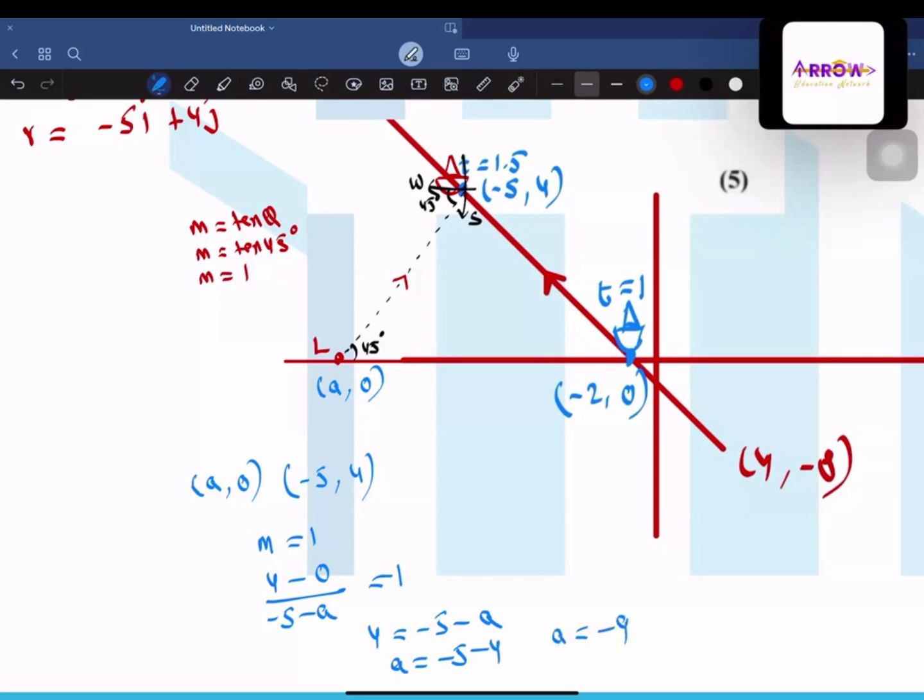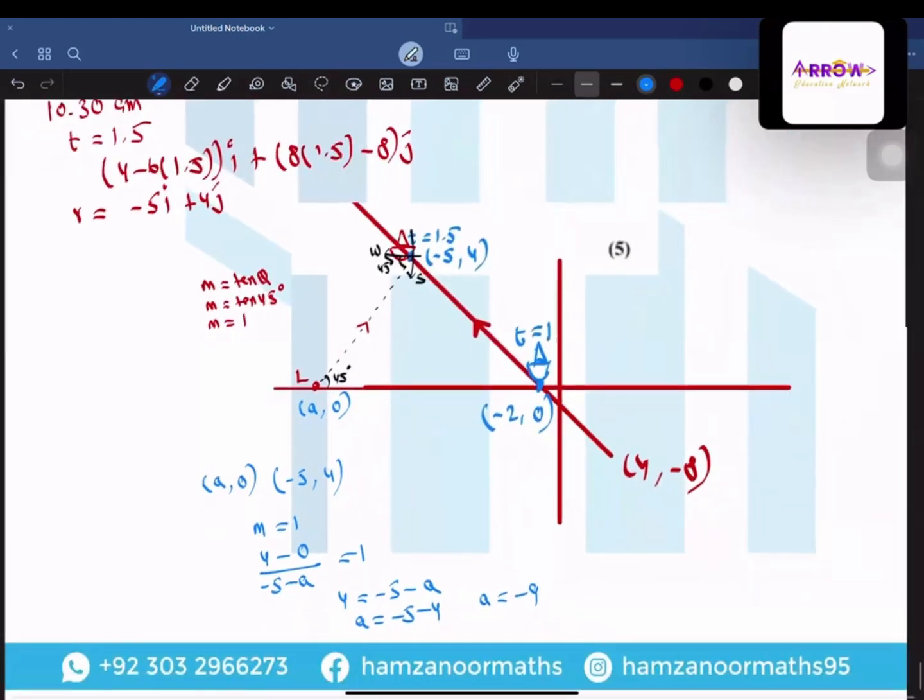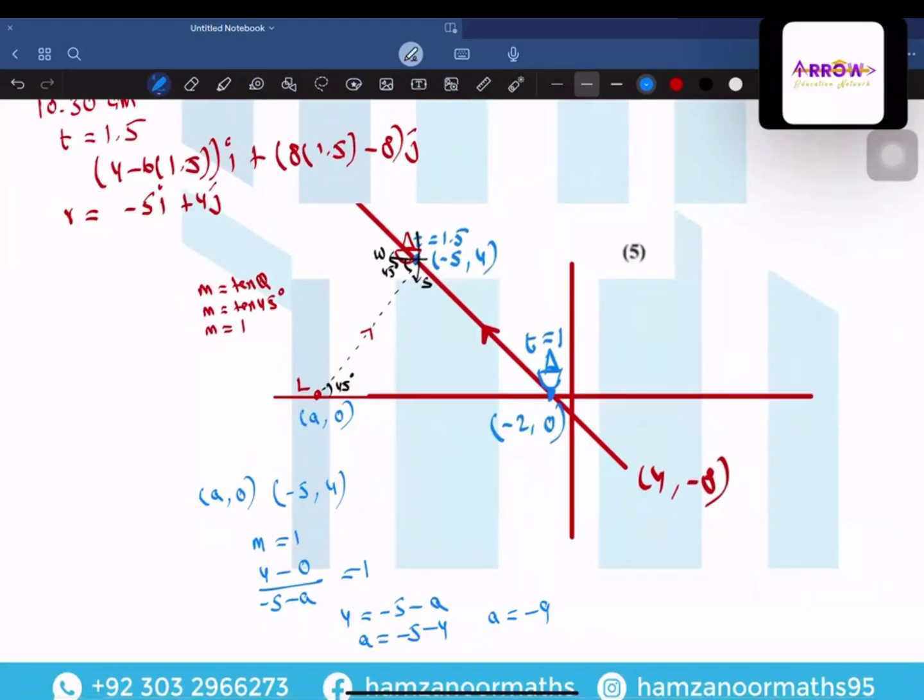Therefore, we have established that the position vector of the lighthouse L is minus 9i. This is supposed to be your required answer. As simple as that.